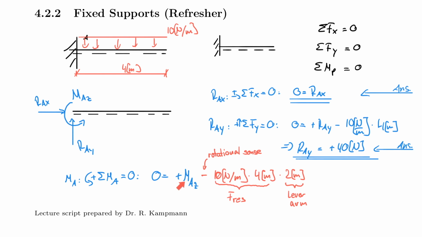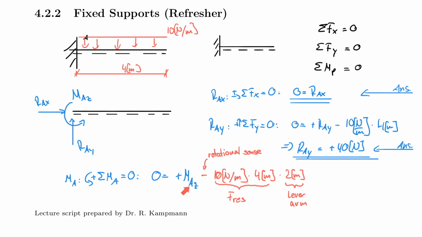You don't have to, but it is so much better to take the sum of the moments about this point where MA is acting when you find the support reactions. If you do that, you will be very thankful later on when we move into internal forces, for reasons that I cannot explain right now, but you will understand them when we get to internal forces. If you do that, it will be very helpful for you, and you should memorize this.